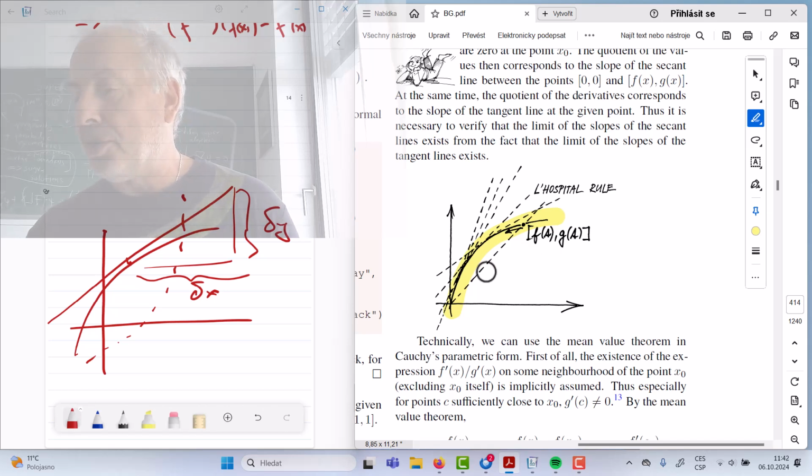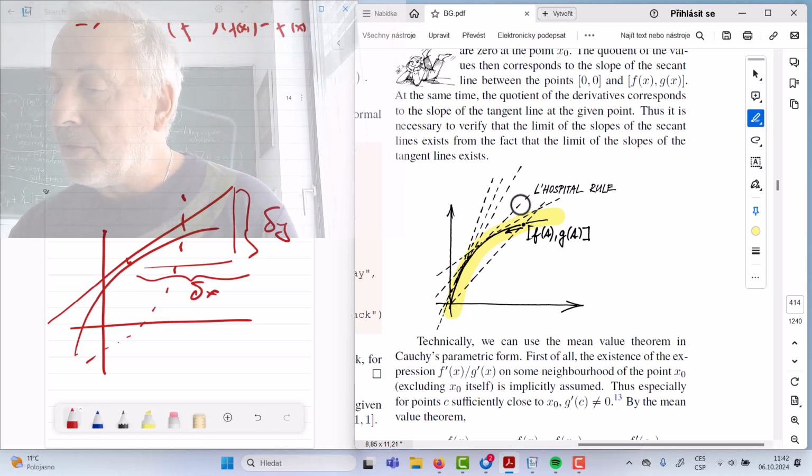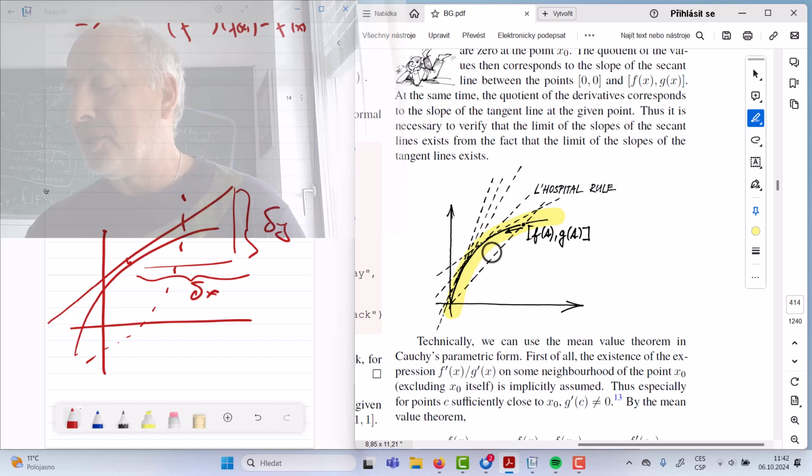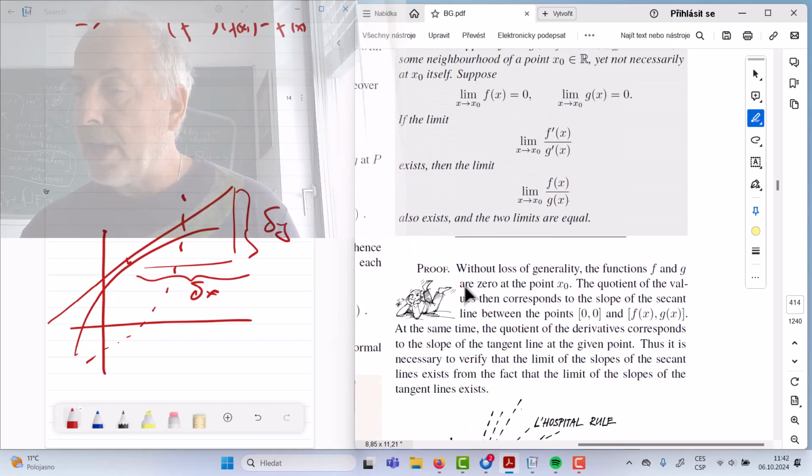And from the picture it's clear that if the function is beautiful enough, it's differentiable enough, then the two sequences of slopes should have the same limit. And this is actually true, right?